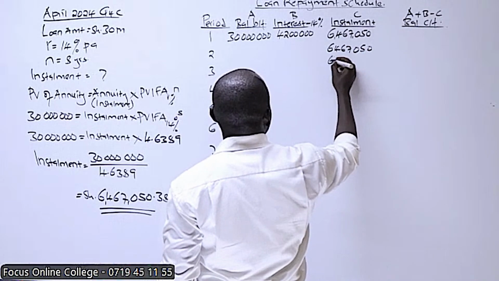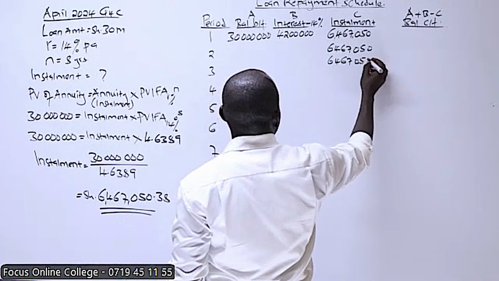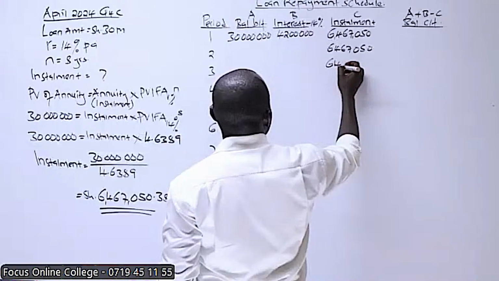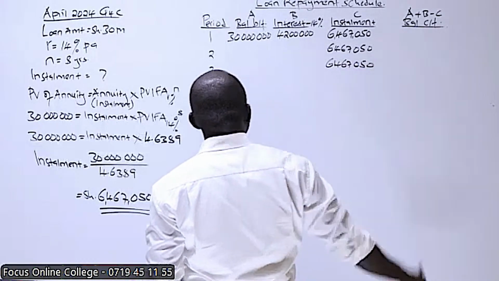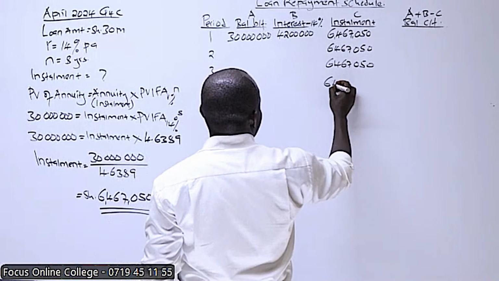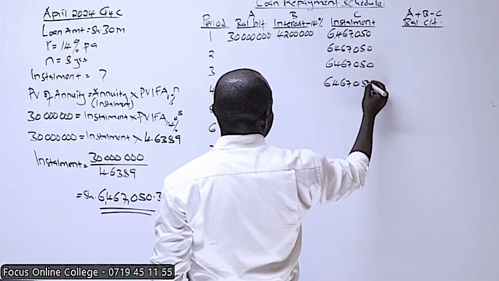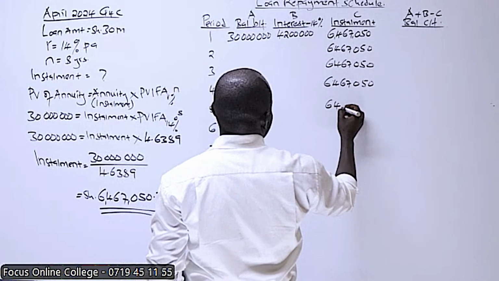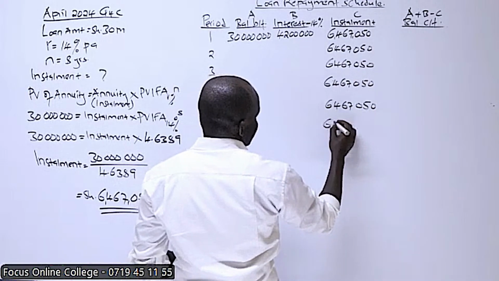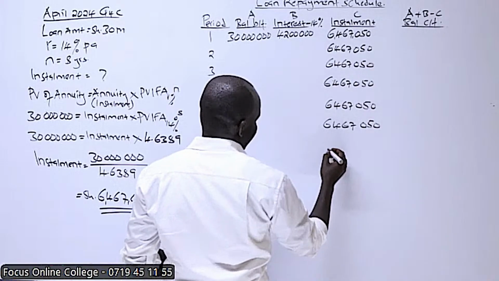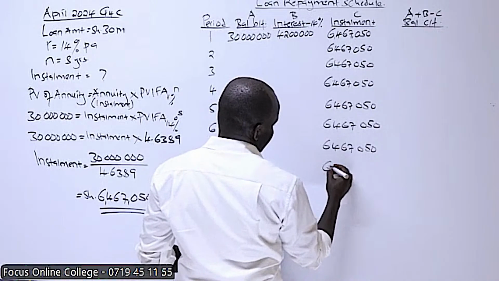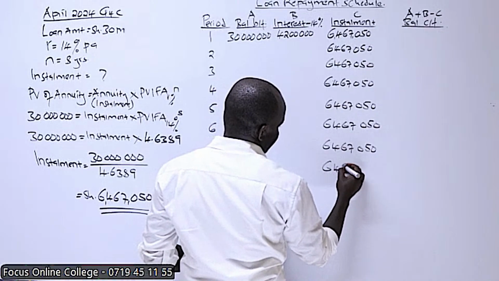So you can drop the installments 64, 67, 050 down all the periods, until the last installment.